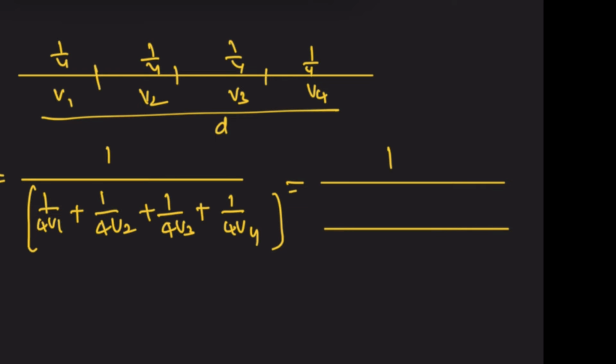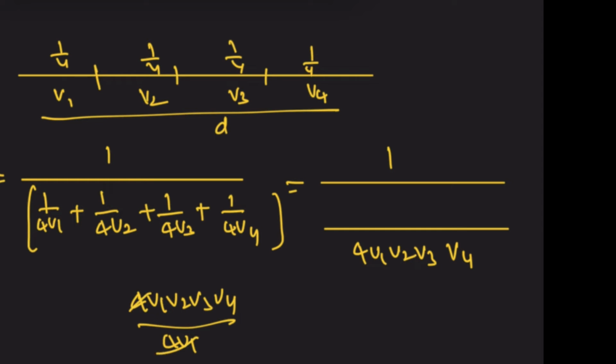So what is the LCM here? 4 V1 V2 V3 V4. So first, 4 V1 V2 V3 V4 is divided by 4 V1. Then we get V2 V3 V4. Next, it is divided by 4 V2.